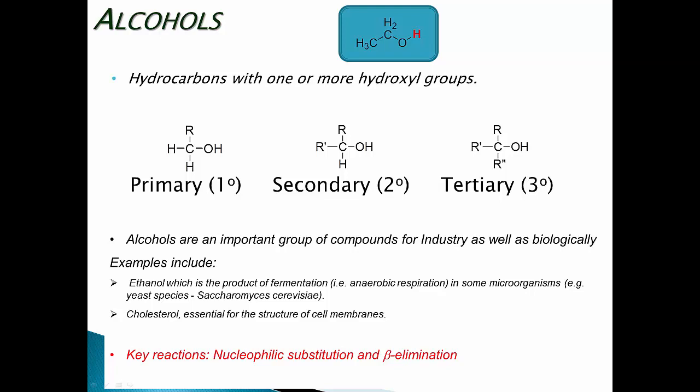Alcohols, as we all know, are very important for industry as well as for our biological activity. Examples could include ethanol production, which is a product of fermentation. Remember, fermentation is your anaerobic respiration. Only some microorganisms can produce ethanol through fermentation, and a yeast species is an example I've put up here for you.